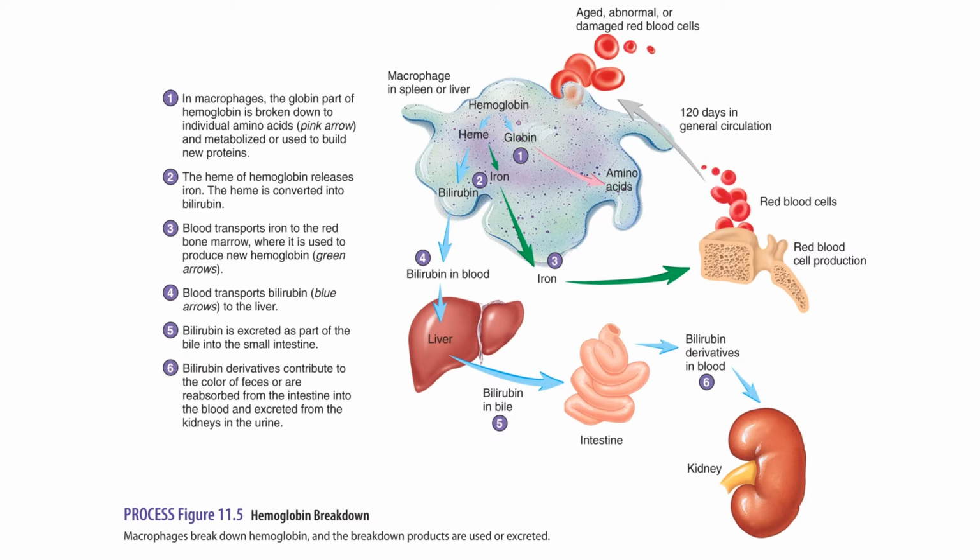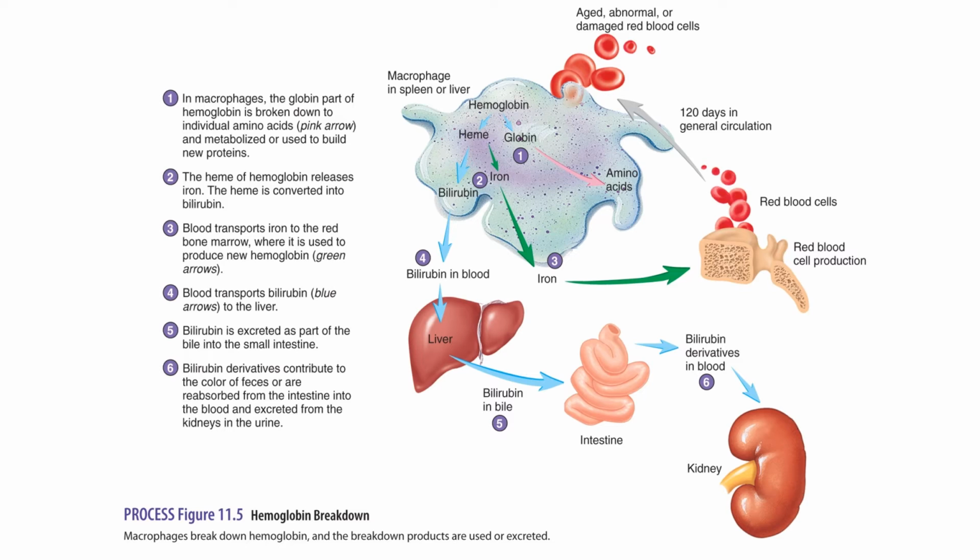So this is the hemoglobin breakdown. So again, the first one, it's actually the work of the macrophage, okay, to eat up the hemoglobin, and it's broken down into individual amino acids. It can also produce or release the heme for iron, and then going to the bone marrow.